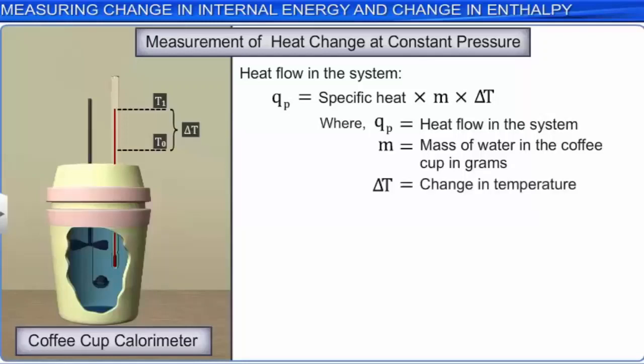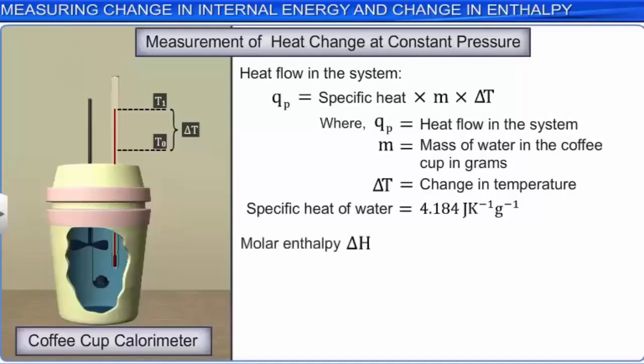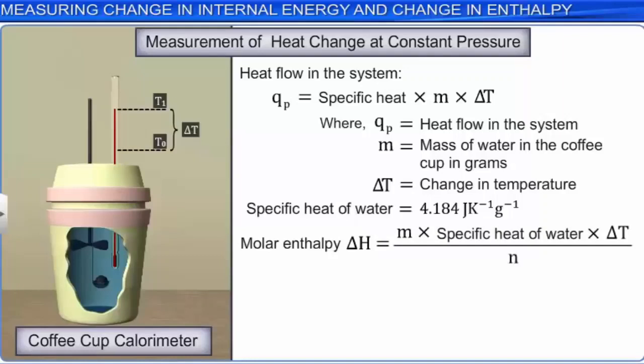Specific heat of water is taken as 4.184 joules per Kelvin per gram. Therefore, the formula for calculating molar enthalpy, delta H, of the substance is delta H = M × specific heat of water × delta T / N, where N is the number of moles of the reacting substance in the system.